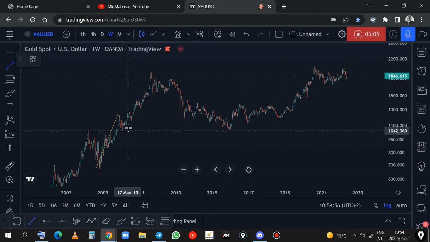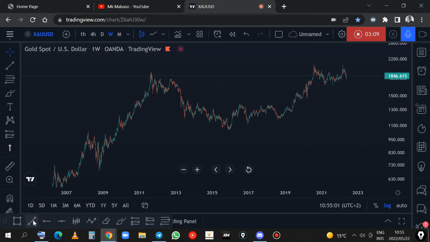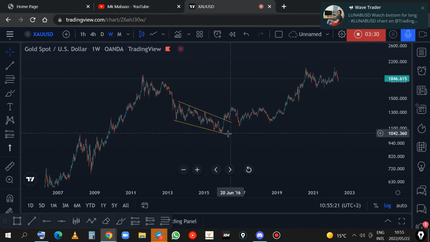So now, before I show you more impulse and corrective phases, you should familiarize yourself with these reversal patterns. Whenever you see price moving in a descending or an ascending manner, it usually signals a reversal. So should price be descending like that in a low area, you should expect a reversal to go back up.